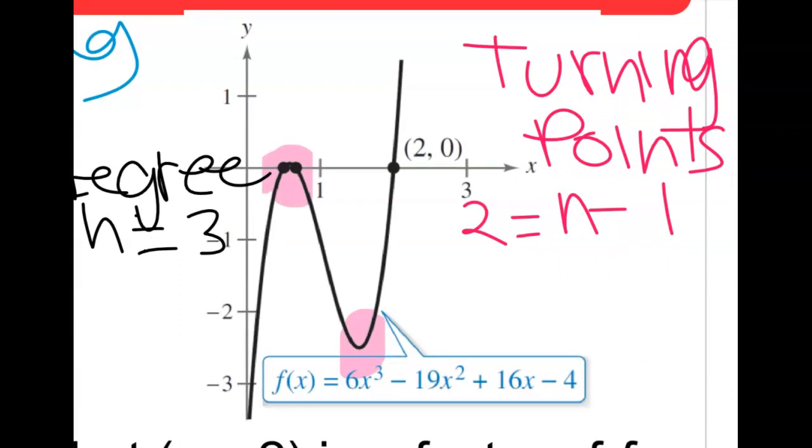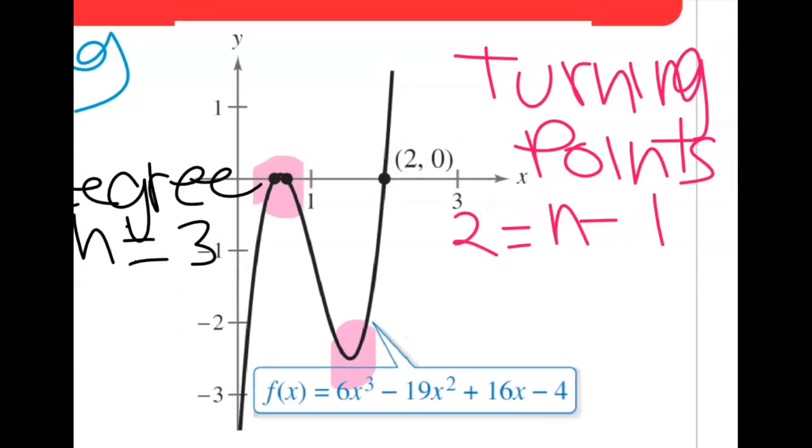Here the zero is actually 2, such as x equals 2. That's one of the zeros. The other zeros, we don't know what they are, so we're going to learn some ways to find them.